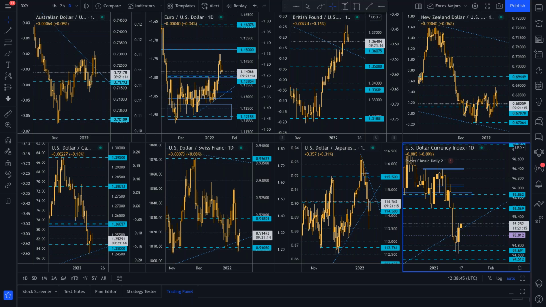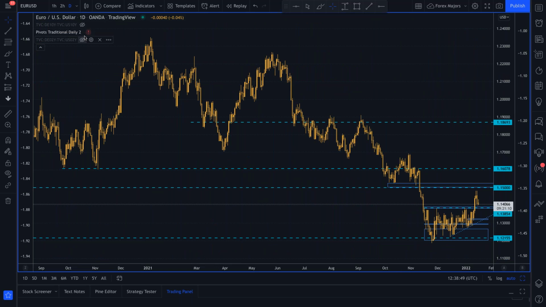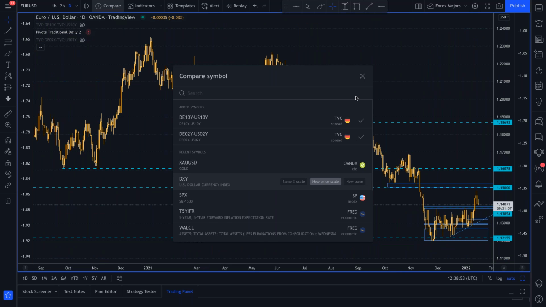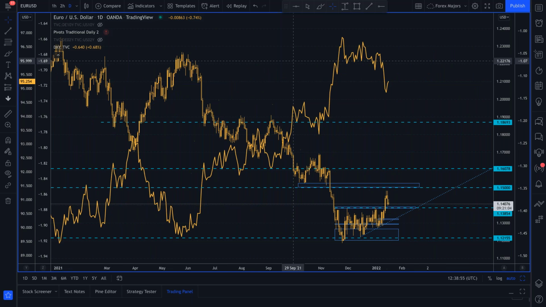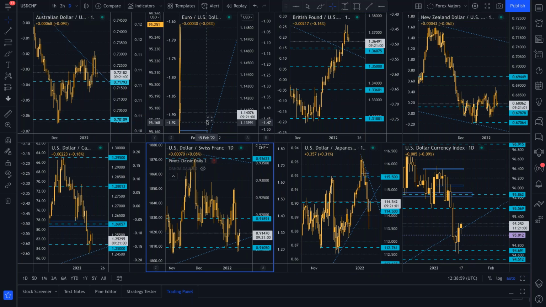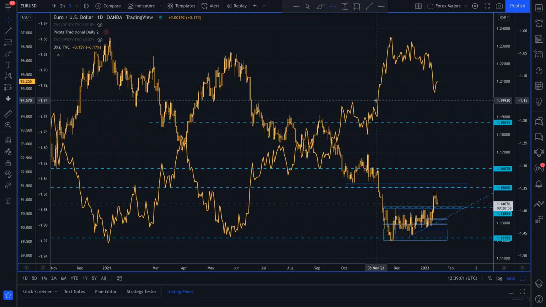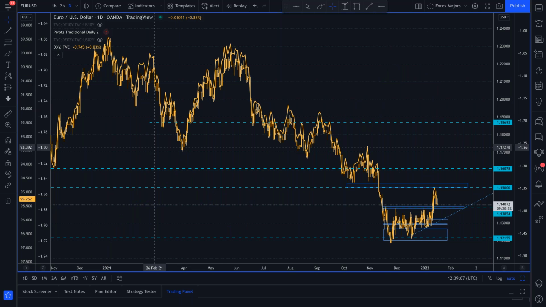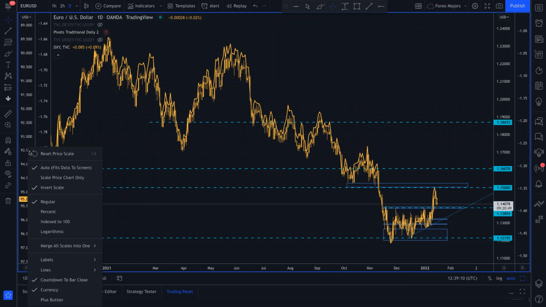Now, that dollar move lower has supported all of these major pairs higher because the majors are paired with the dollar. Remember, the euro-US dollar is literally the inverse of what the dollar does. This is the dollar index, which we were looking at just here, overlaid on top of the euro-US dollar chart. If you inverse the dollar index, you can see it's a very, very close relationship.